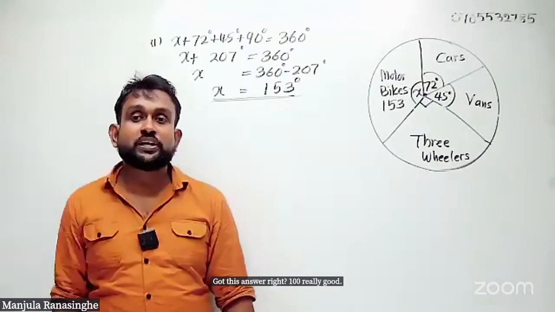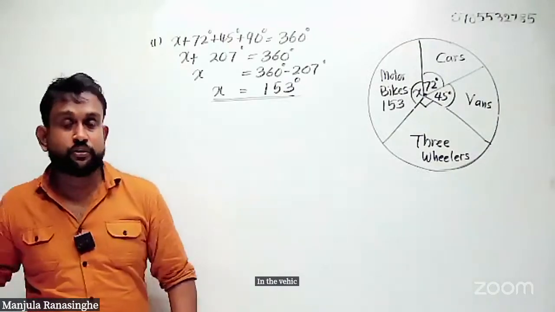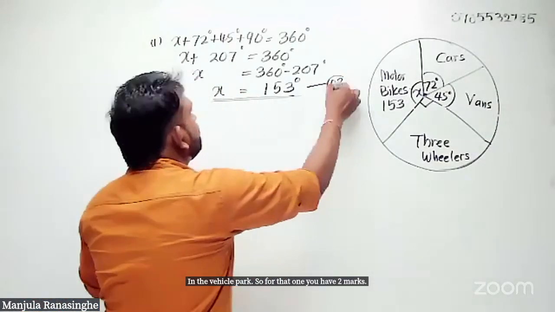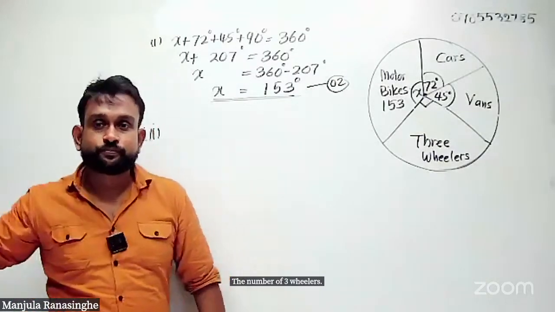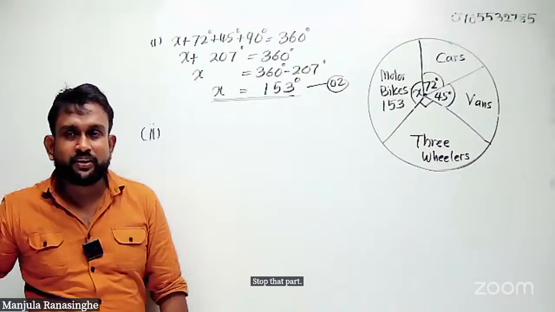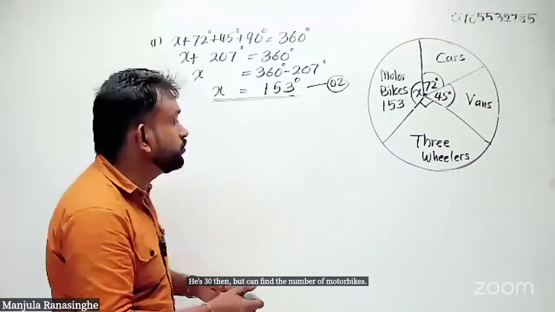For the next part you have 2 marks. The number of three-wheelers stopped in the vehicle park is 30. Then they ask, find the number of motorbikes. So this is how you get the answer.